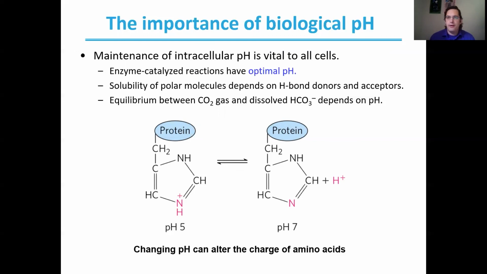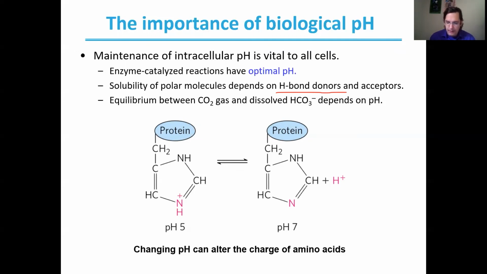So we might have our solubility increasing as we become deprotonated and increase that charge. It also changes what our hydrogen bonding looks like. So after you've deprotonated a carboxylic acid, you no longer have that hydrogen bond donor of the OH there.